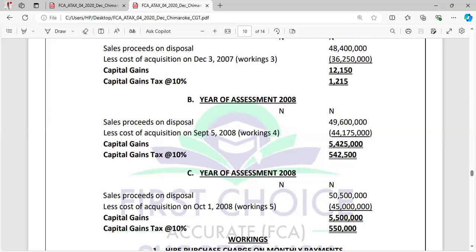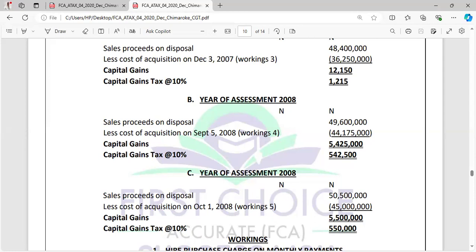But take note of C. In C, all the hire purchase has been satisfied, and so C is no longer hire purchase because you have finished paying. How do we know it's no longer hire purchase? Because your cost of acquisition is equal to your cash price.